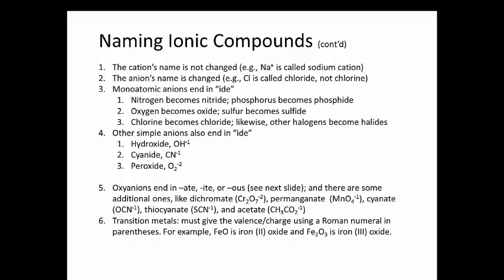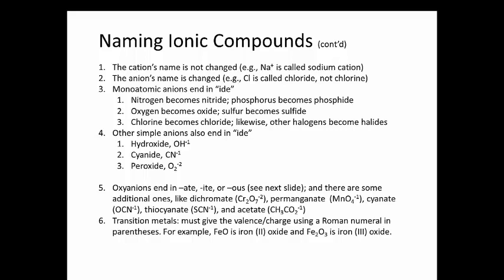Distinguish cyanide as CN -1. Thiocyanate, SCN -1. You'll learn a little trick that when you say thio something, it means you substituted a sulfur for an oxygen. So thiocyanate, SCN -1. And acetate, CH3CO2 -1. Now this will look complicated, but a little later on you'll find that it's not so difficult at all for acetate.